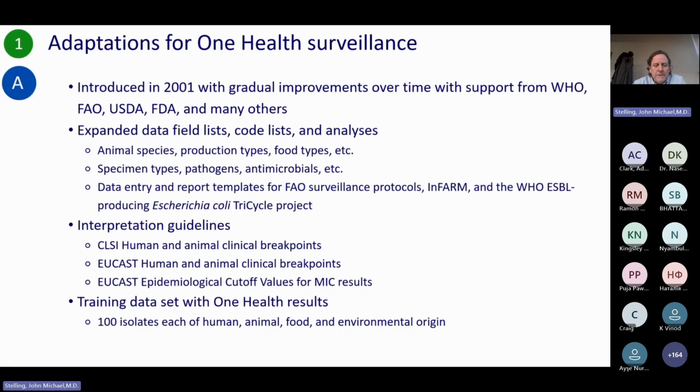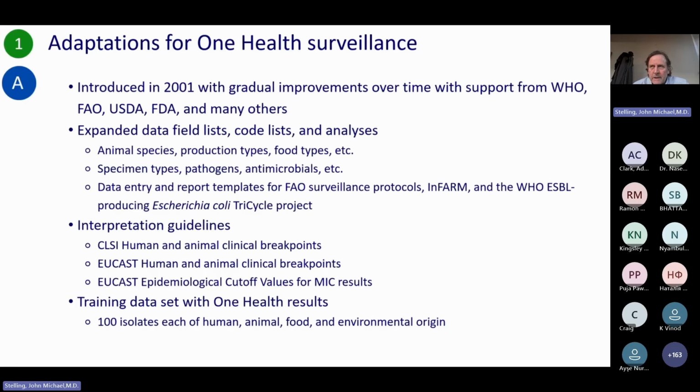I mentioned the breakpoints. When people install WHONET, you get one data set with approximately 600 human health isolates. You get a second data set with 400 isolates. Those 400 isolates have 100 human, 100 animal, 100 food from one surveillance project. Those three data sets, human, animal, food, are from one research project.